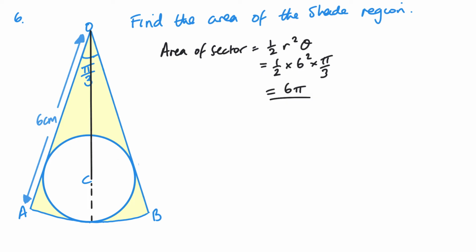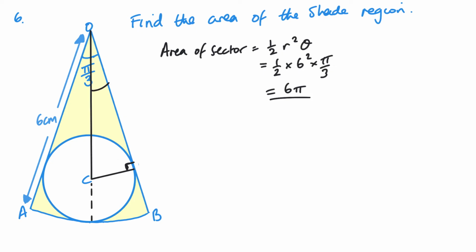Because the center of a circle to a tangent is going to make a 90-degree angle, and that is what's going to help me solve this problem. So that's a 90-degree angle because that circle just touches the side OB. Of course, I could do this on the side OA as well.